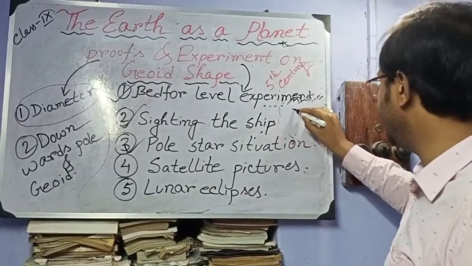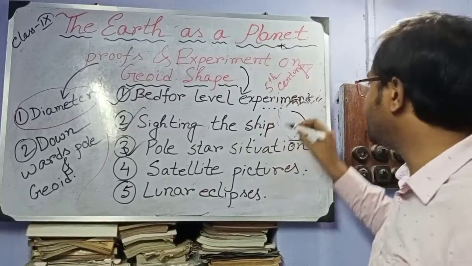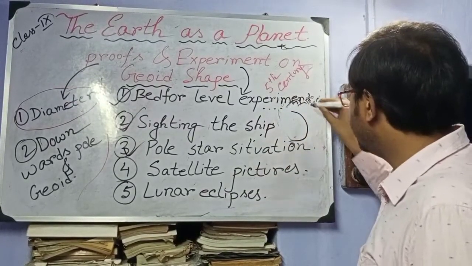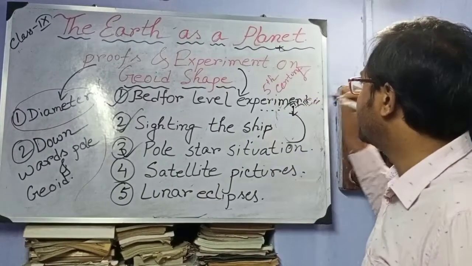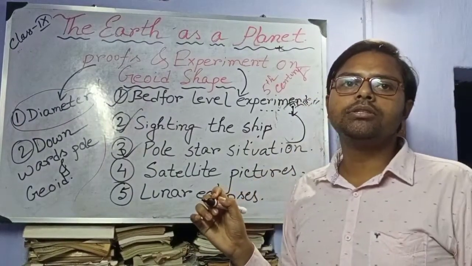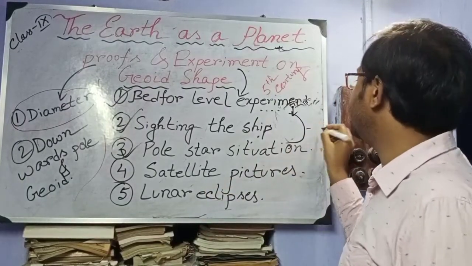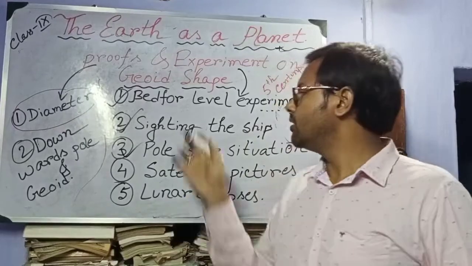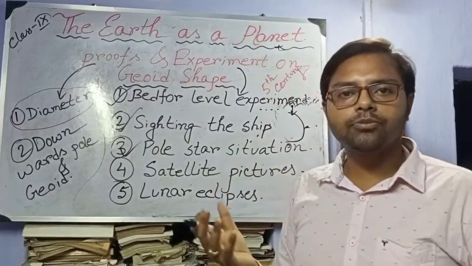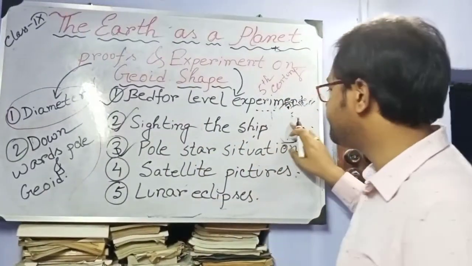If the earth is a round shape, it will be 90 degrees from the pole, but similarly 0 degrees from the equator. This proves that the pole star situation also shows that the earth is a geoid shape.